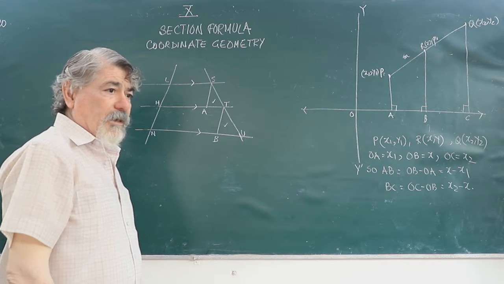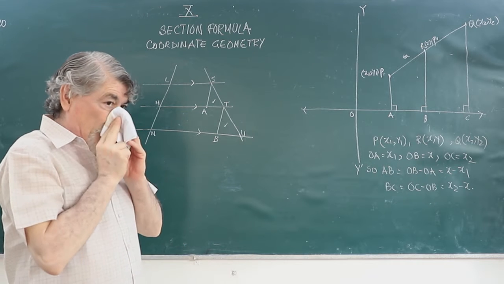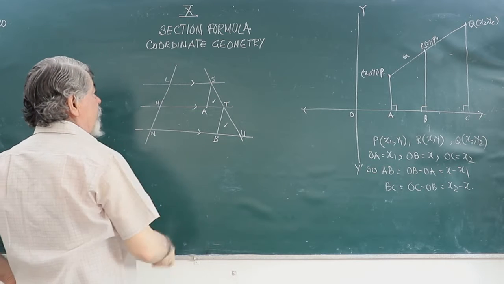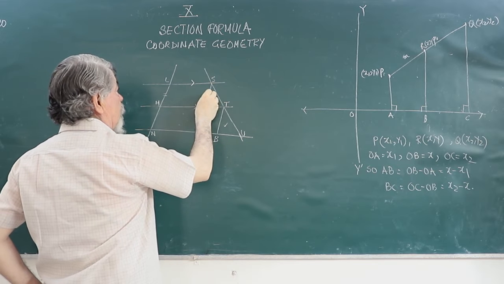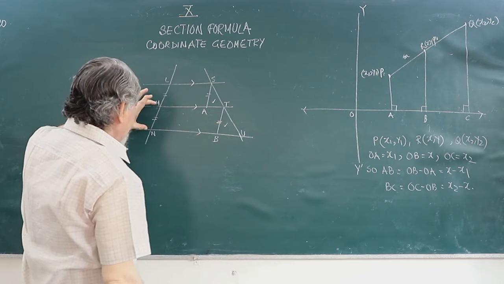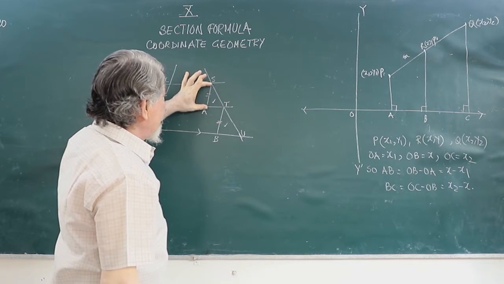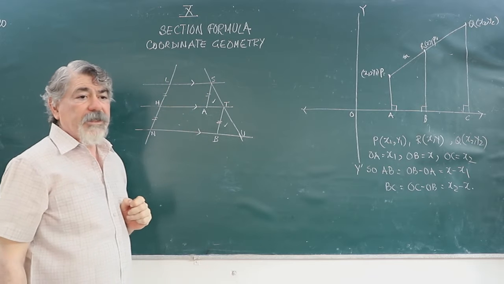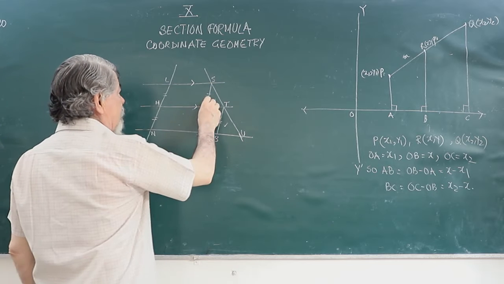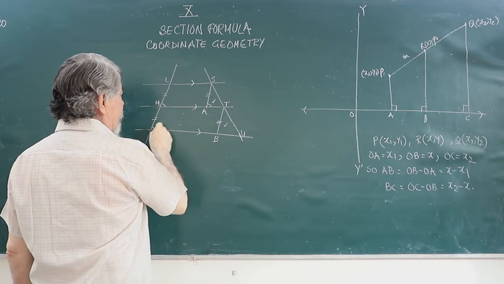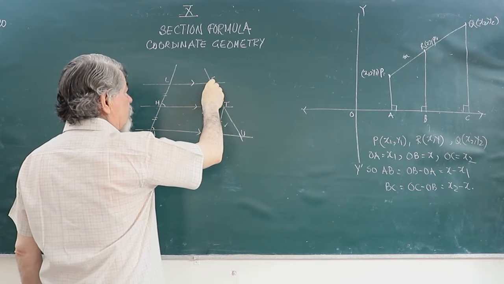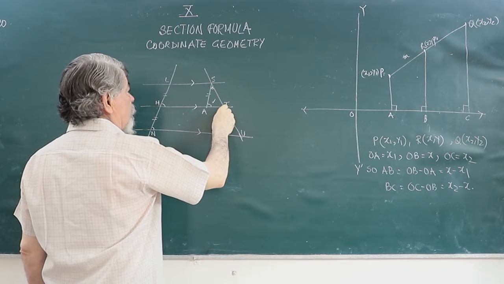Opposite sides of a parallelogram are always equal, so LM will be equal to SA and MN will be equal to TB. And since LM and MN are equal, SA and TB will also be equal. Another thing is that this angle is equal to this angle, and also this angle will be equal to this angle.